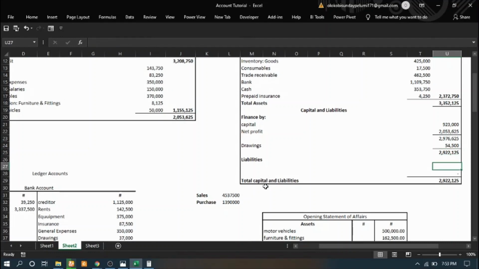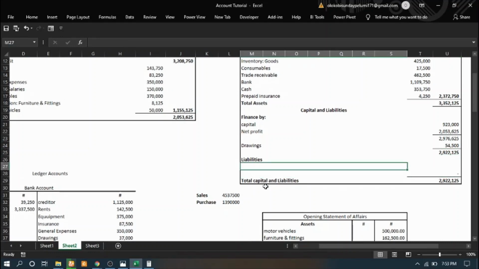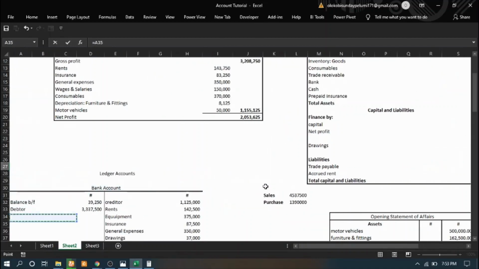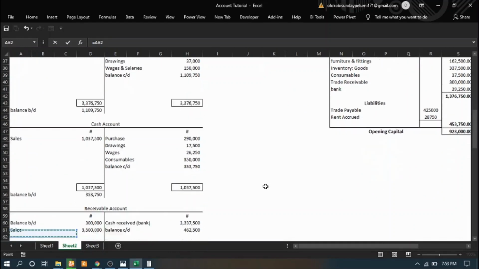So we have that. So our liabilities now. The liabilities are trade payable, and then accrued rents. I remember accrued rents. So we can get this from the trade payable accounts, the closing balance easily from that account.